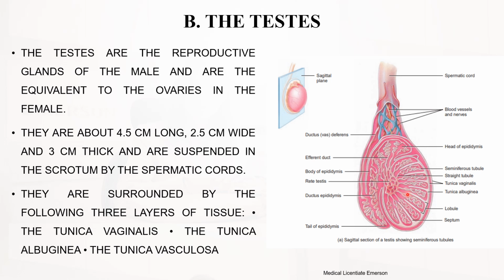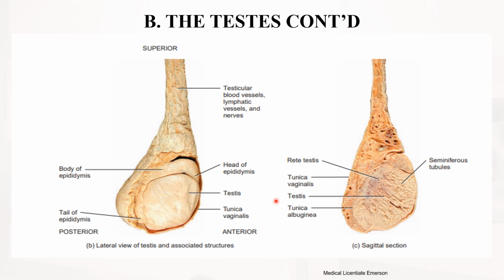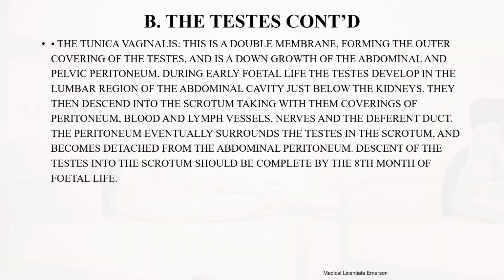The three layers are the tunica vaginalis, the tunica albuginea, then the tunica vasculosa. This is the testis in terms of structure, from the superior view, the lateral view of the testis and the associated structures, as well as the sagittal view.